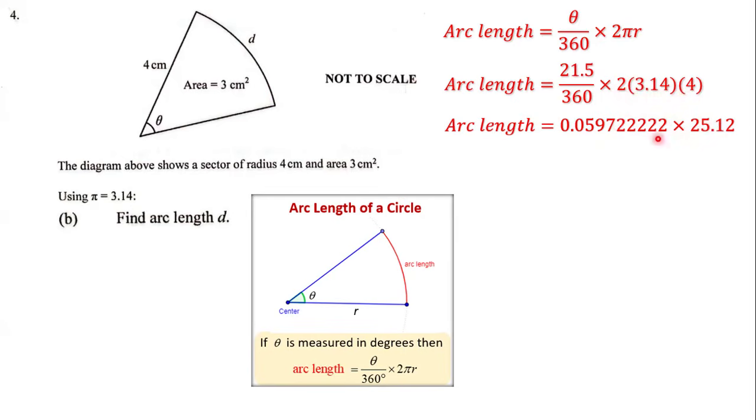And so when we multiply these two together, we get that the arc length is equal to 1.500222222. How do we get that? We multiply this decimal by this decimal number.